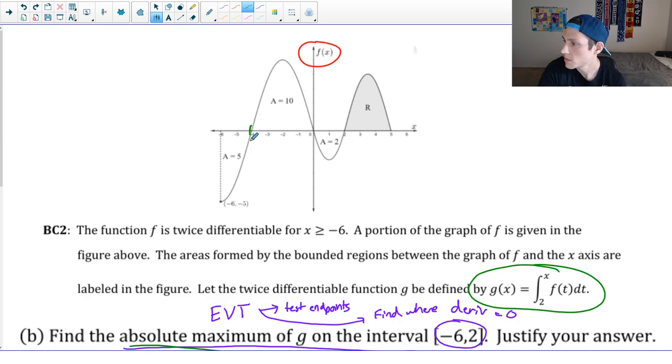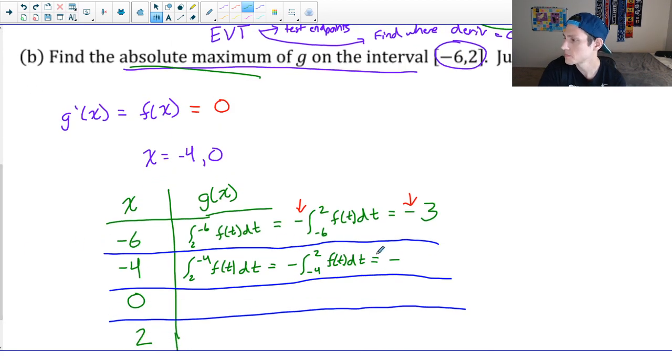I've got a +10 and a -2, since that 2 is below the x-axis, so that would be 8. And again, the area was not -8, but since we switched the bounds, we do have that negative there, so this value is -8 overall.